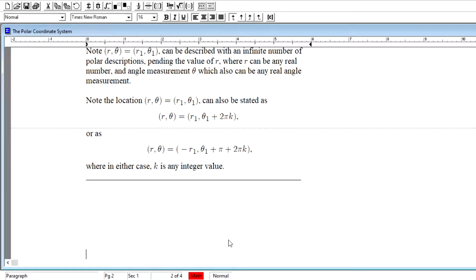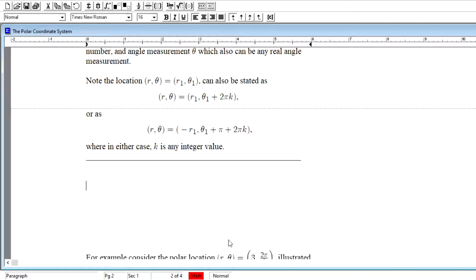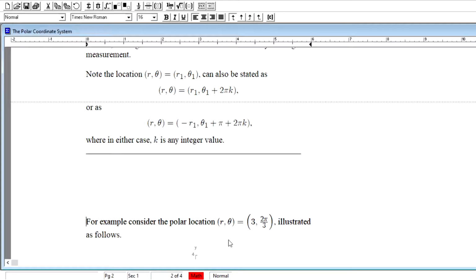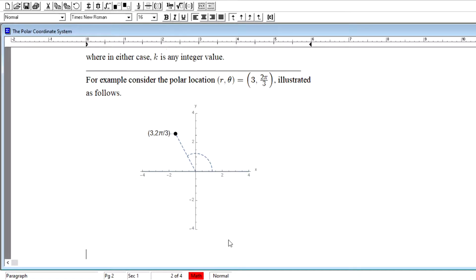If we were to look now at a specific case, we might consider the polar location described here by r comma theta equal to 3 comma 2 pi over 3. That would describe this location right here in space. This location is 3 units from the origin, and you'll notice with the scale of the x and y axes that this would fall right at the measurement of 3 units away from the origin, right?